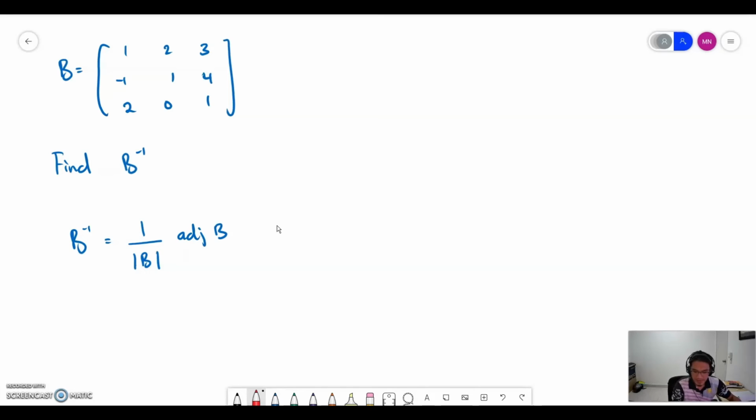The adjoint of B, we have to find the cofactor for each position in the matrix. C11 will be equal to negative 1 to the power of 1 plus 1. We have 1, 4, 0, 1. This is equal to 1.